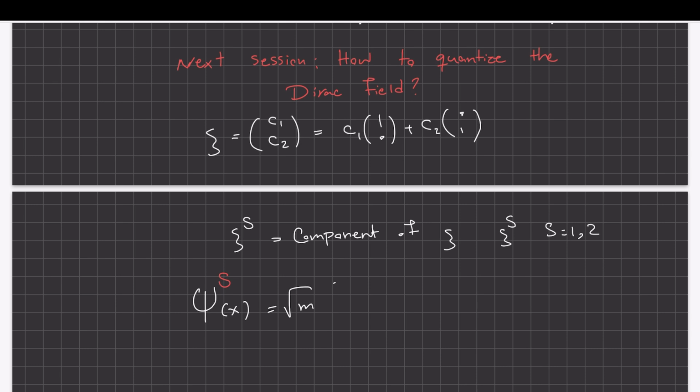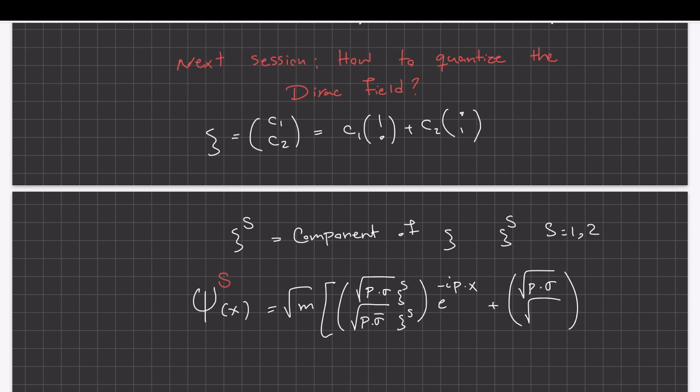So you have this index S on top of that. And when we are writing down the whole term here, I'm going to write it down again. I'm going to use this index S. So now psi is not 2 by 1, it's just a number. So when we are looking at psi of a particular S, we are looking at 2 by 2 components of it. One of them is coming from the right-handed and the other one is coming from the left-handed component of the field.